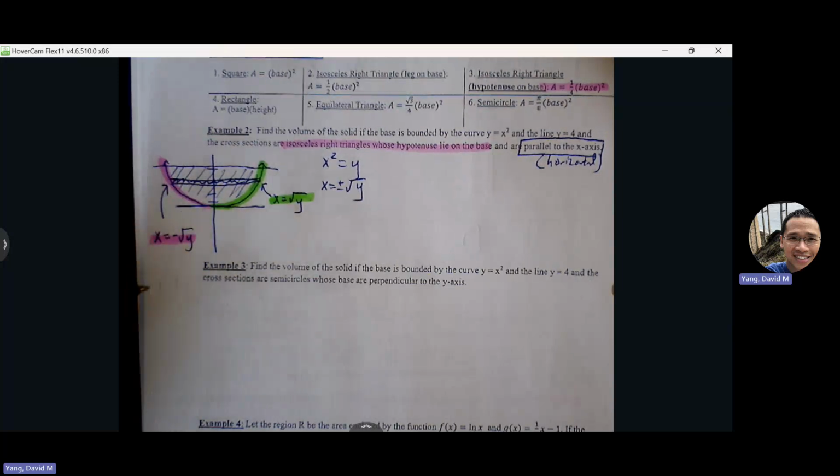So the lowest y value is 0. The highest y value is 4. In this case, it's easy to spot. Other times you may have to use your calculator to find intersections, but in this case, we can obviously tell where the y values are.